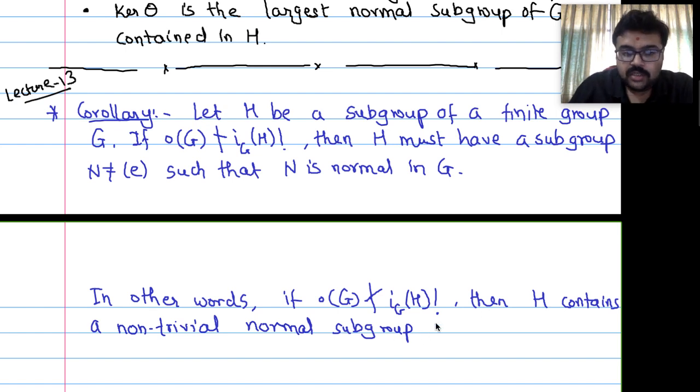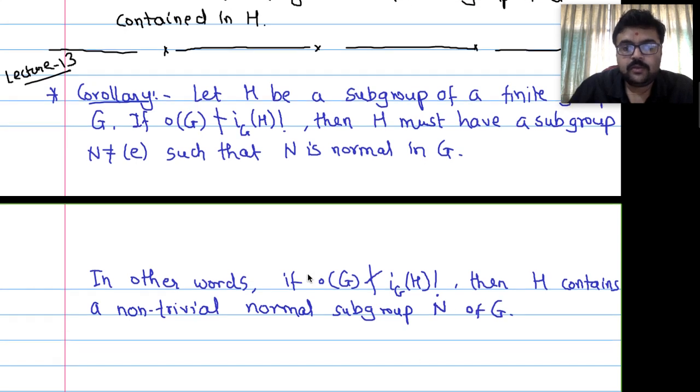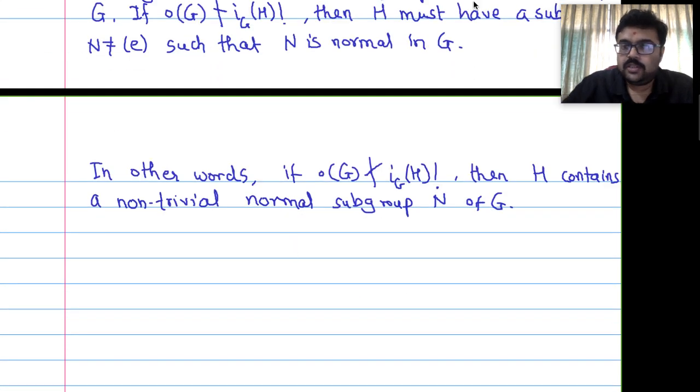So then H contains a non-trivial normal subgroup N of G. Right? So let us see the proof of this before we see examples.